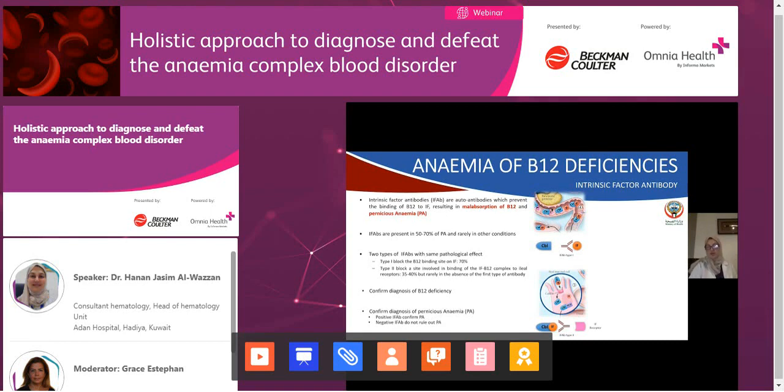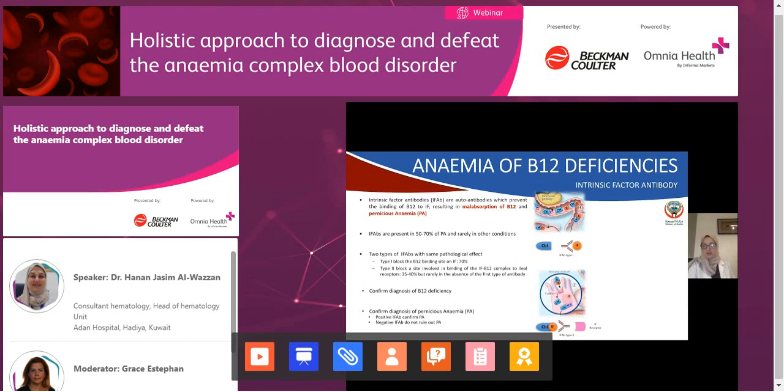There are two types of antibody. Type 1, present in 70%, is a blocking antibody that blocks the B12 binding site on the intrinsic factor. And type 2 antibodies, present in 30 to 40%, block the site on the enterocyte for the binding of the intrinsic factor B12 complex.